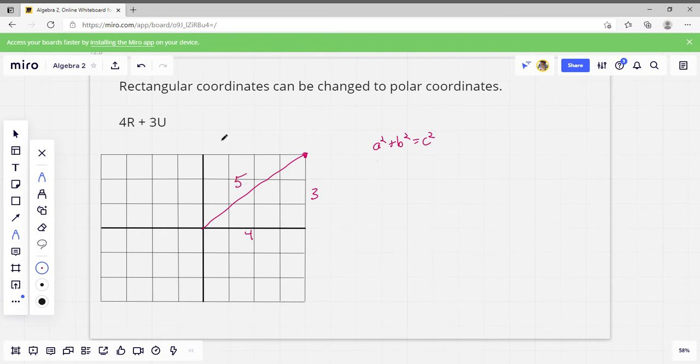Because 16 plus 9 equals 25. Square root of 25 is 5. So that's 5. So to change that into a polar coordinate, we would say it's 5 long.